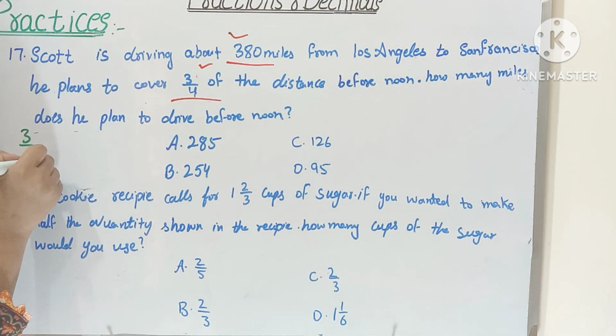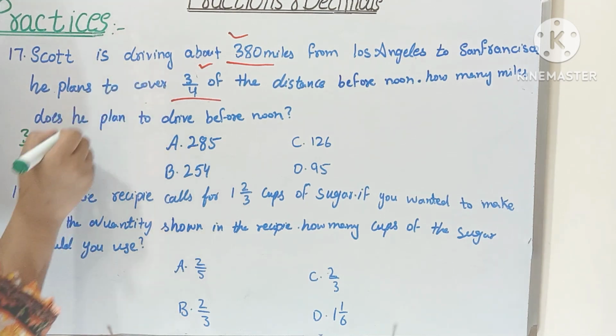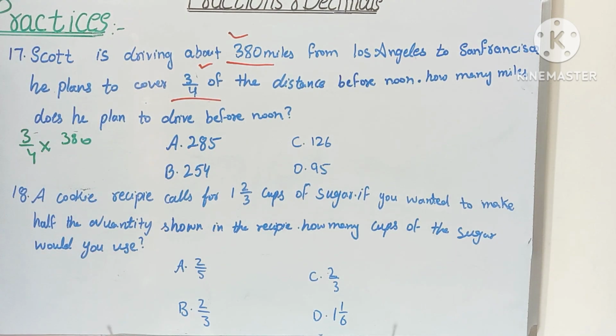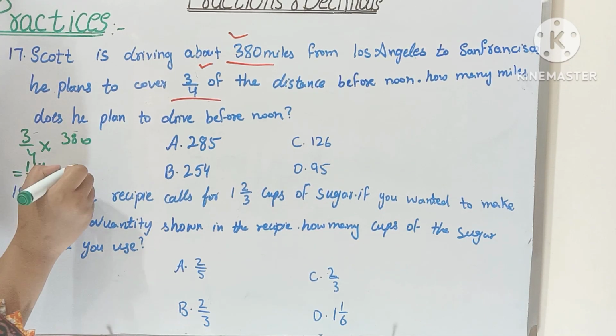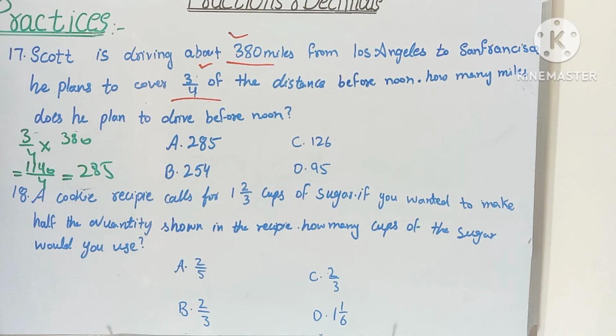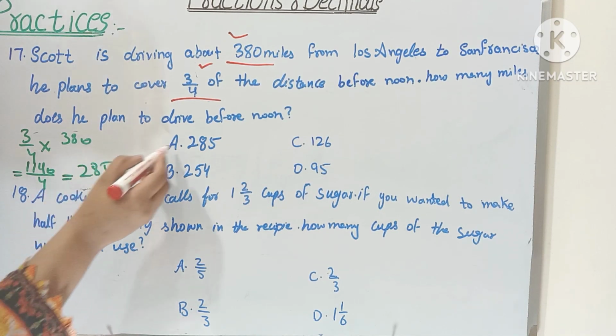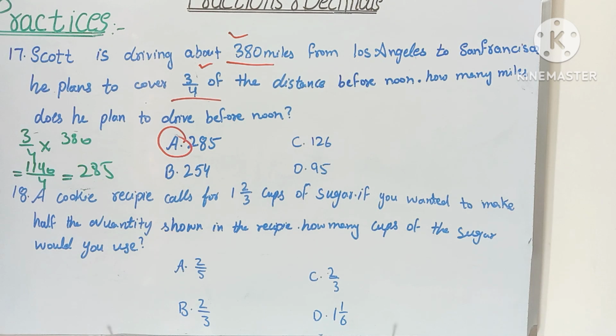The fraction is 3 over 4. Multiply by the total distance, 380 miles. When we multiply them, 1140 divided by 4. When we divide 1140 by 4, we get 285. Scott plans to drive 285 miles before noon. It corresponds to option A.